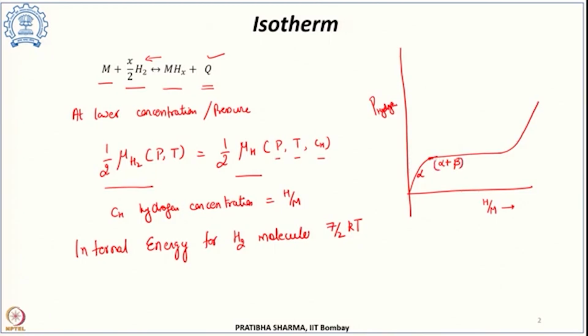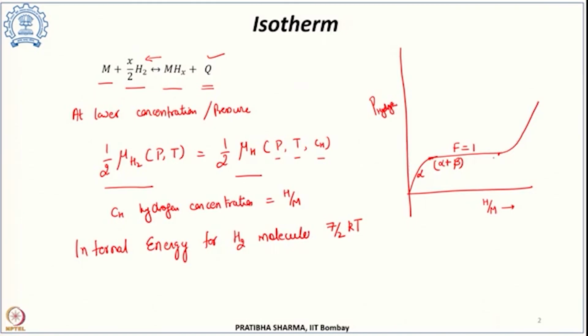We have also seen in the last class that in this flat plateau region, there are a total of 3 phases, alpha, beta and the hydrogen, and there are 2 components involved, as such the number of degrees of freedom is 1 in this flat plateau region. So, that is at a higher concentration when the hydride phase starts to form.